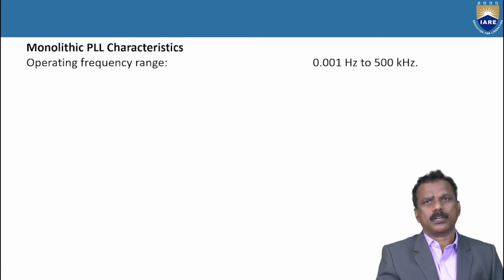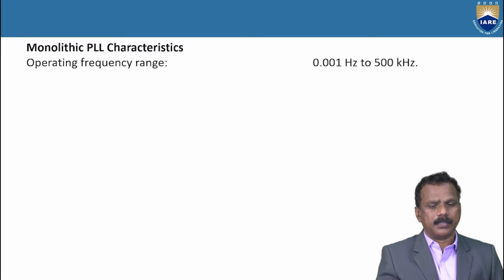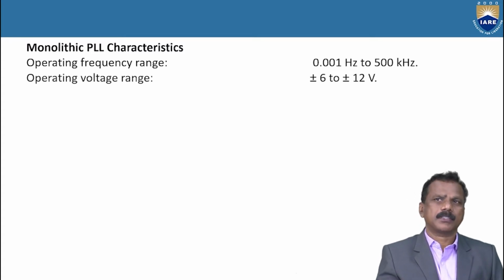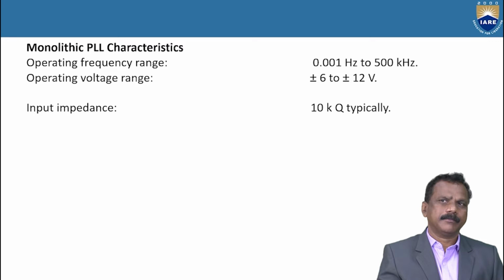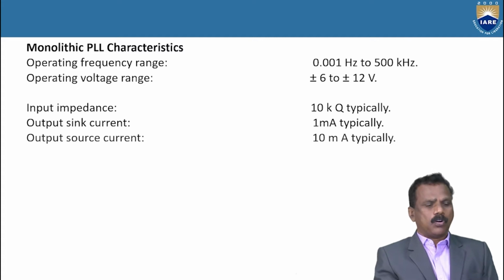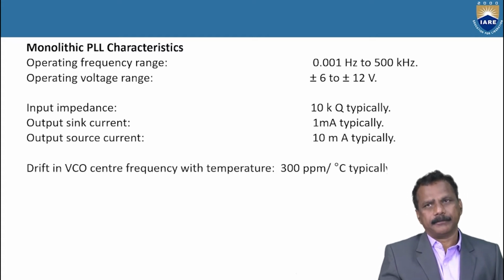Monolithic PLL characteristics. The operating frequency range is 0.001 Hz to 500 Hz. The operating voltage range is plus or minus 6 volts to plus or minus 12 volts. The input impedance is 10K typically. The output sink current is 1 milliampere typically, and the output source current is 10 milliampere typically.